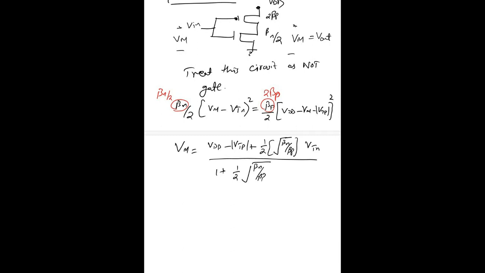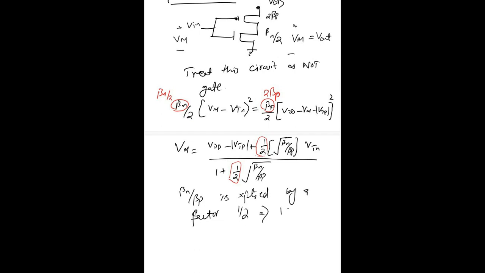So what difference do we have from the previous equation? We have this different term here, like 1 by 2 here and 1 by 2 here. From this equation we can also conclude that beta n by beta p is multiplied by a factor of 1 by 2.